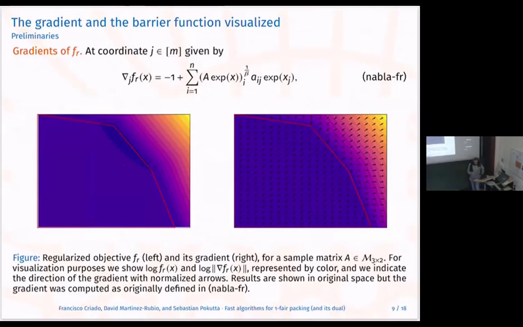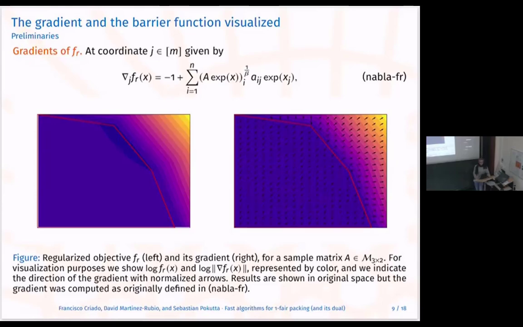But the key point here, and some of the proofs explicitly use this later, is what happens with the gradients. If you look on the right-hand side, you see the gradients. Everything is transformed back into original space so that you see what's going on. If you leave the feasible region and you're here, say, then even a tiny step will bring you back into the feasible region because the gradients are huge.